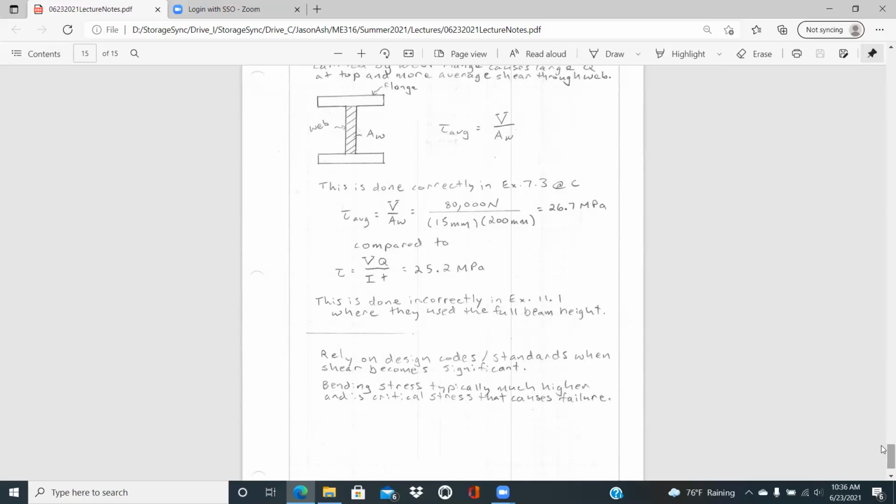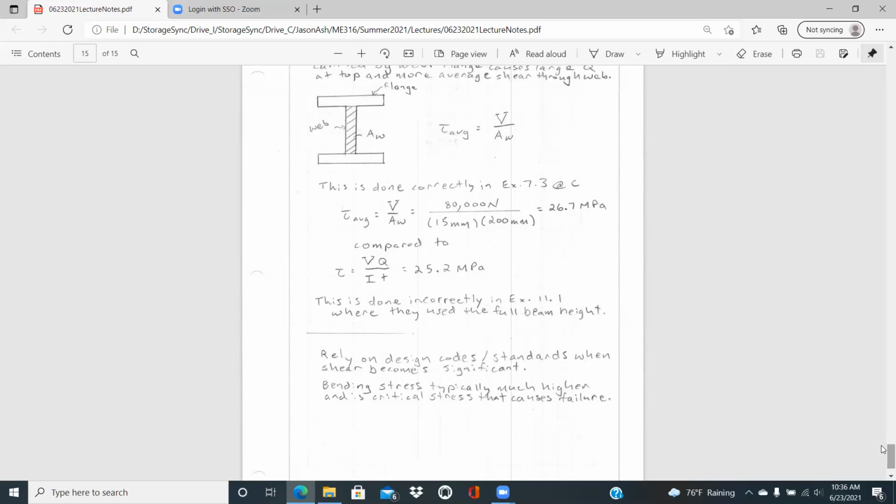Oftentimes our shear force is constant for a section, changes, drops, constant for a section, whereas bending is going to be a function of X, so it gets magnified in that regard based on the length of the beam. And so what we'll find typically is that the bending stress dominates and is the stress component that causes failure in beams.